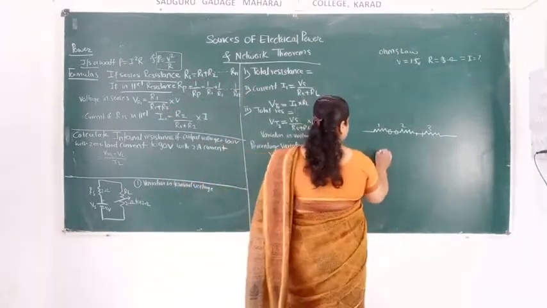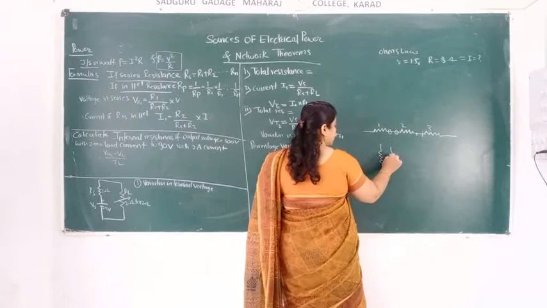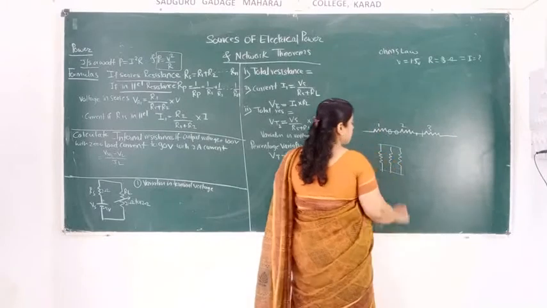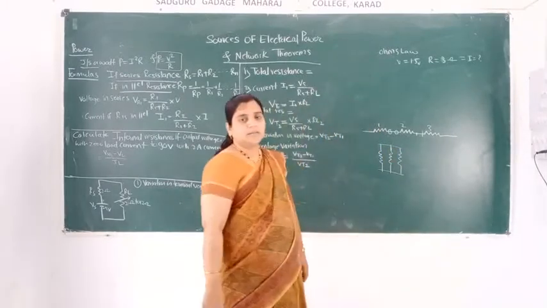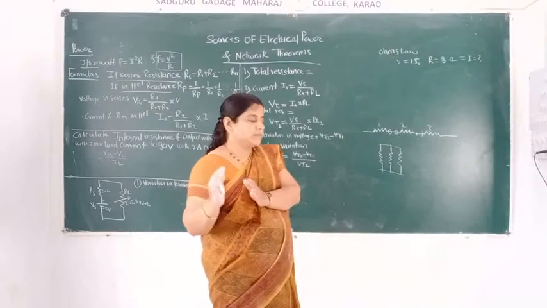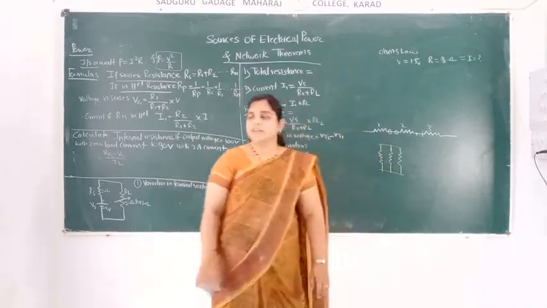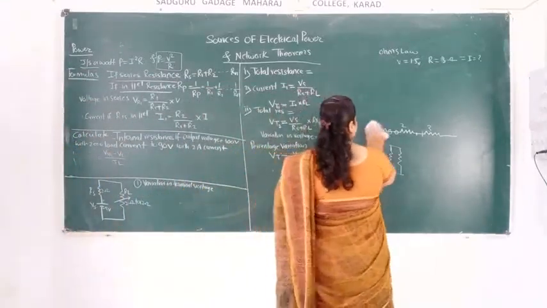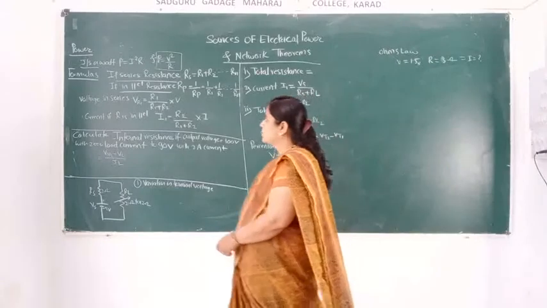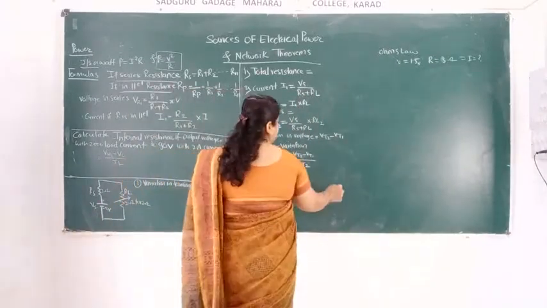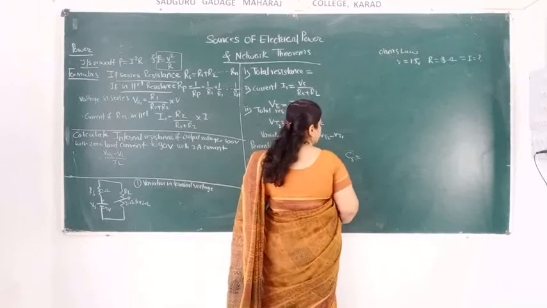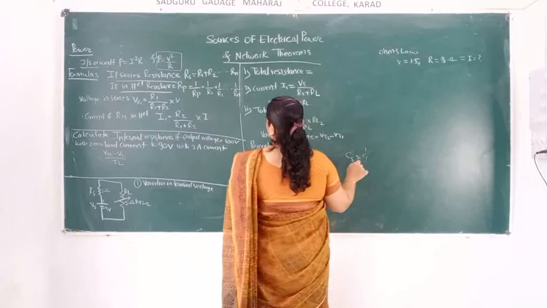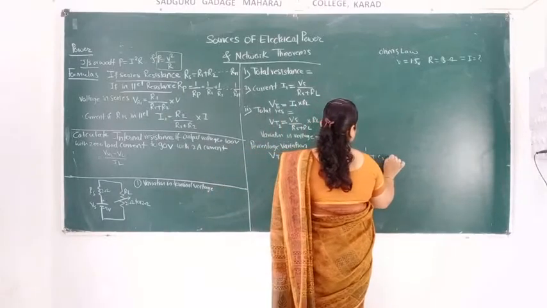Similarly, parallel means it is connected like this. All terminals connected together are called a parallel connection. So there are different formulas for parallel and series. We saw in capacitors that if capacitors are connected in series, CS is equal to C1 plus C2 plus C3 up to Cn.